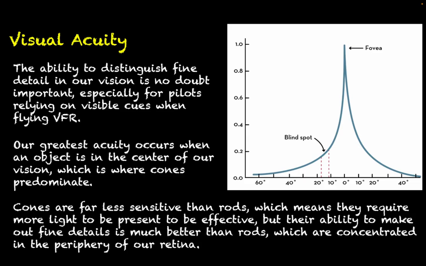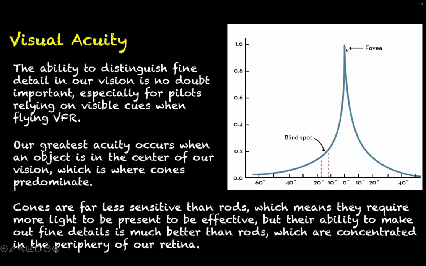Like I said, cones are less sensitive than rods, which means they require more light to be effective, but their ability to make out fine details is much better than the rods, which are concentrated in the periphery of our retina. What you're seeing in this graph, on the y-axis, is a measure of visual acuity on a scale of 0 to 1, 1 being the best.